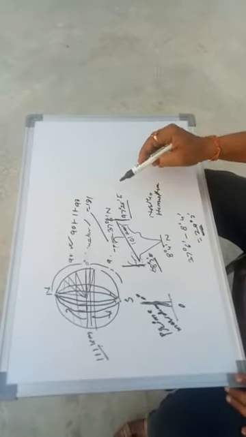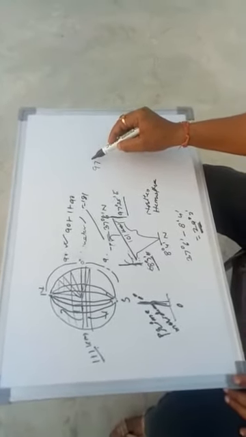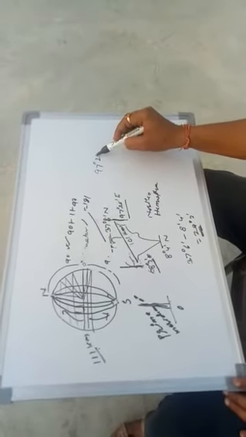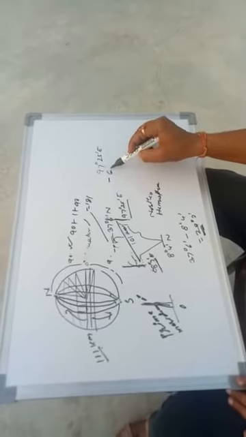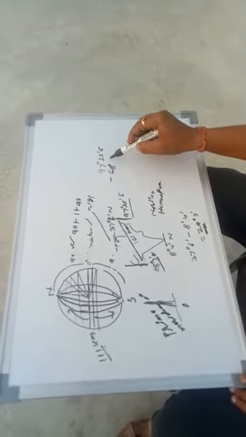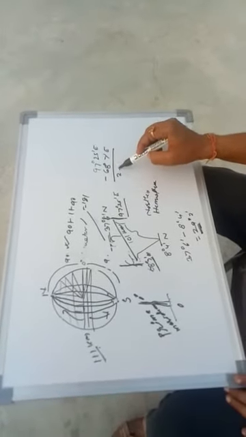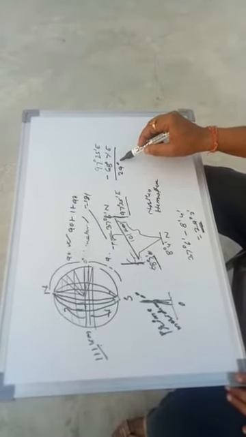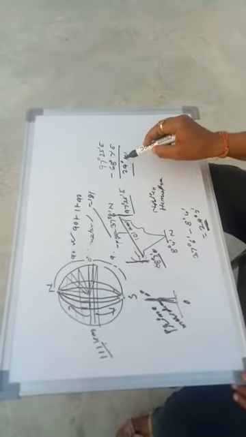Again, we see the difference between two consecutive longitudes. Just calculate it: 97 degree 25 minute east minus 68 degree 7 minute east, obviously it will come to 29 degree 18 minute.